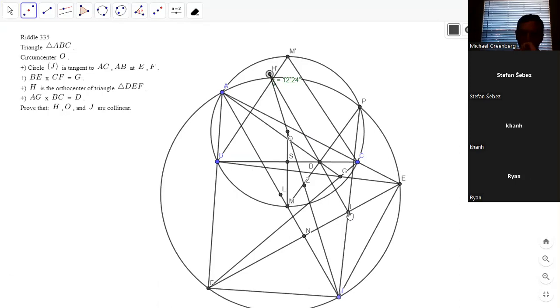I mean, it's the same as showing that NZ and H are collinear. Well, not really, actually.